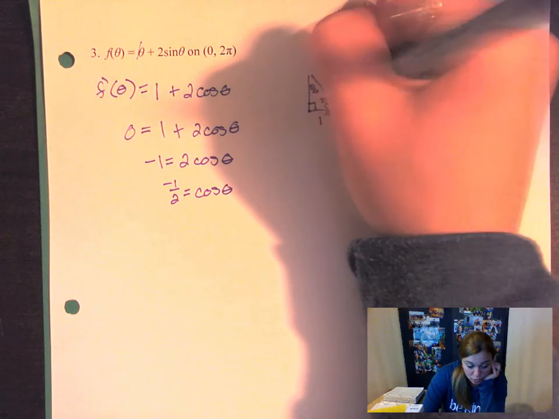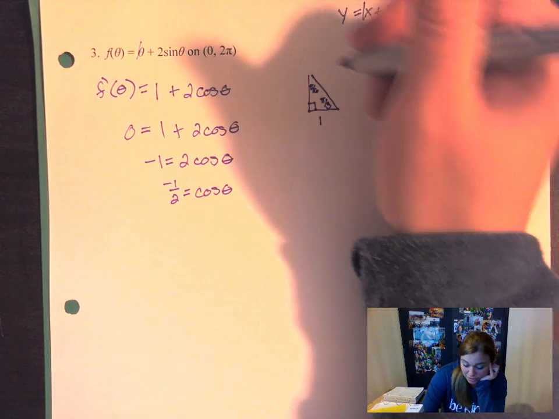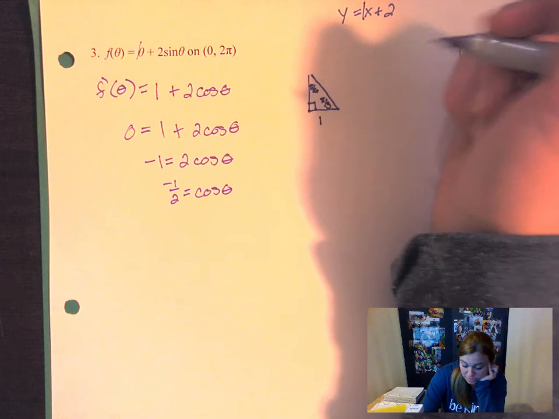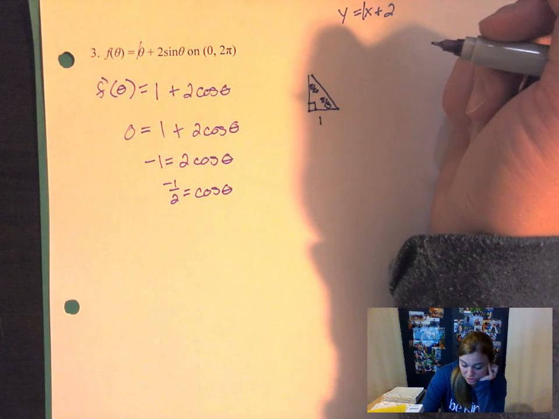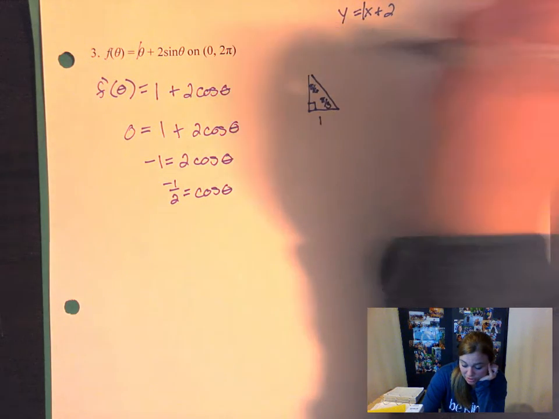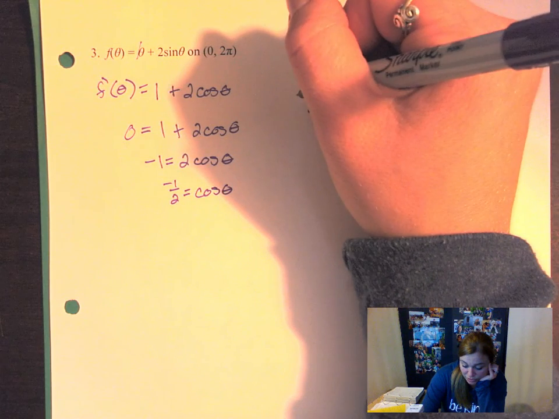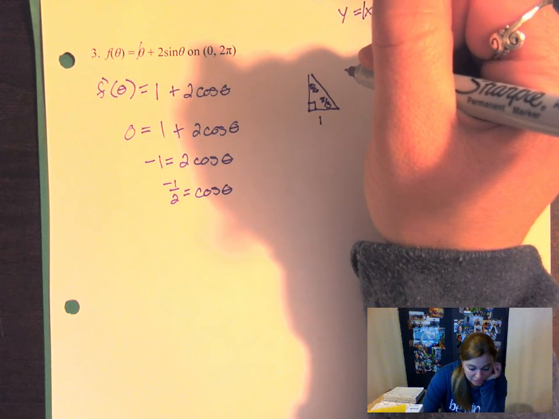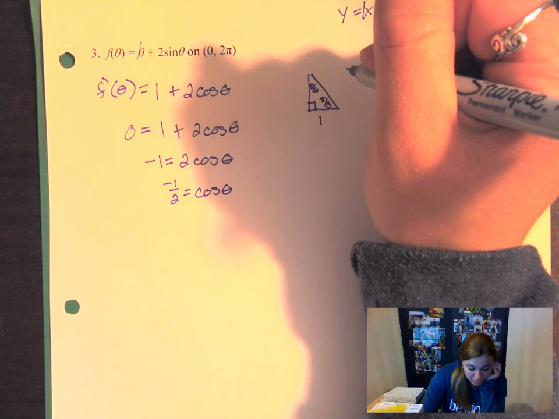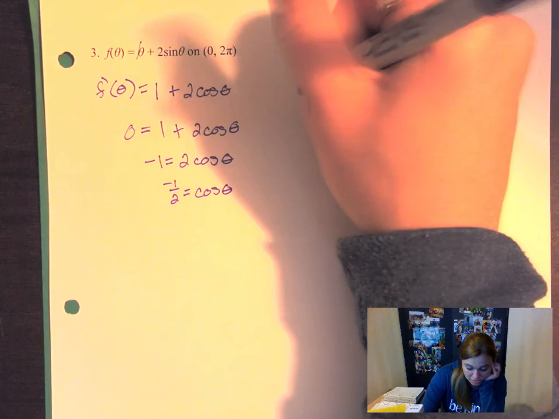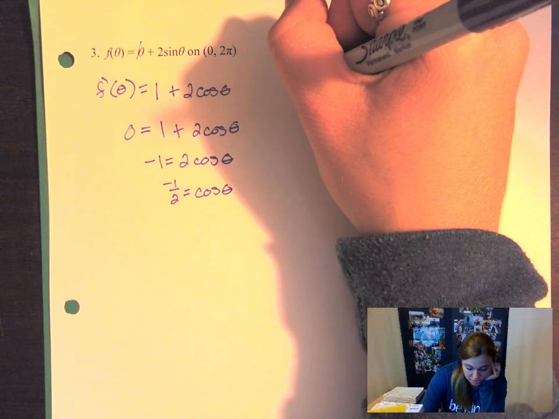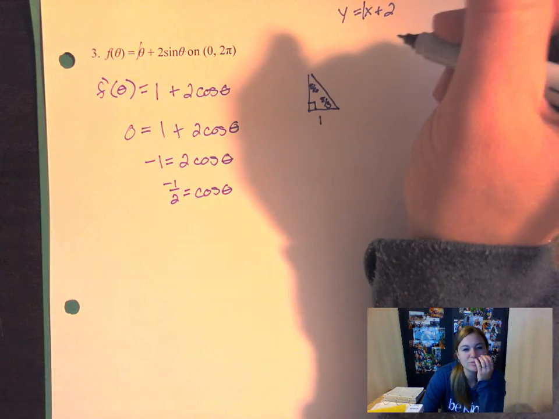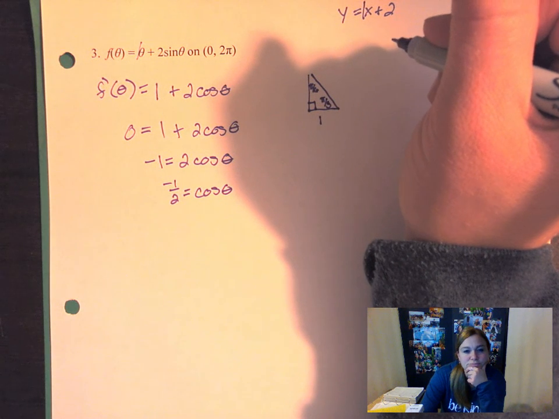This one would be 1. I went on a brain freeze for a second. Cosine would be adjacent over hypotenuse. I'm saying this weird for some reason. Why am I doing this? Pause.